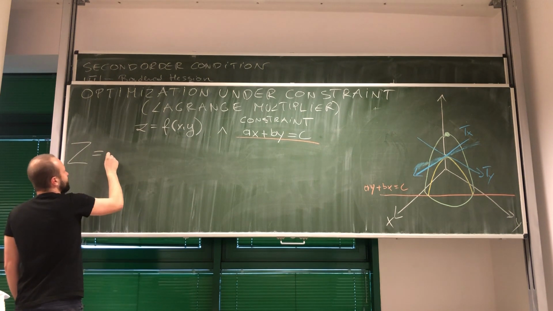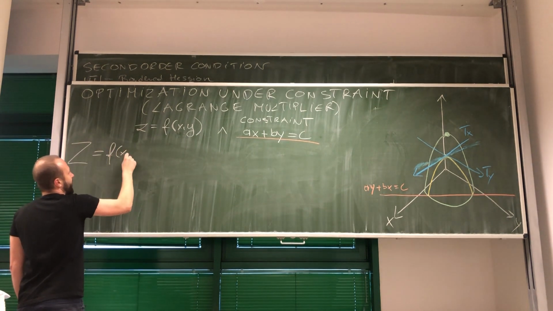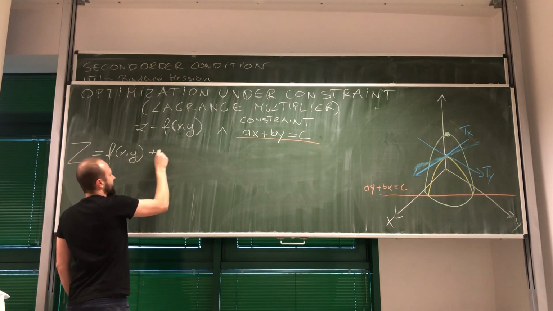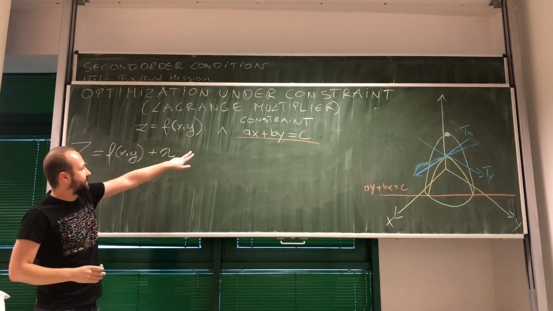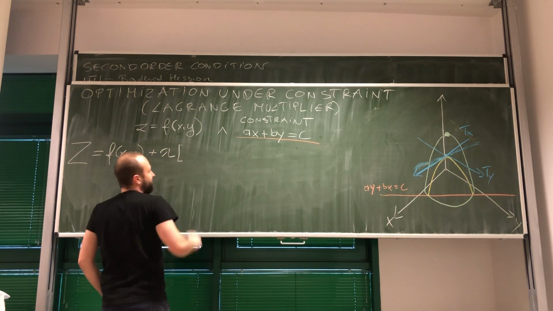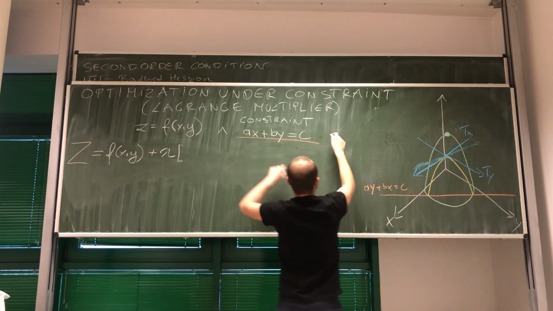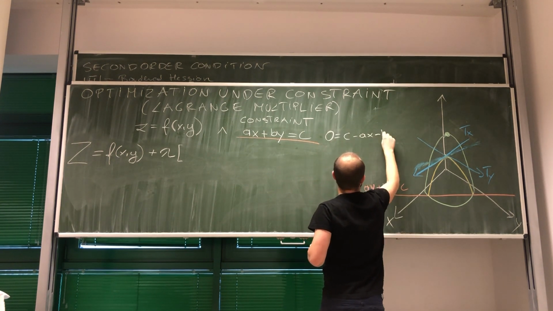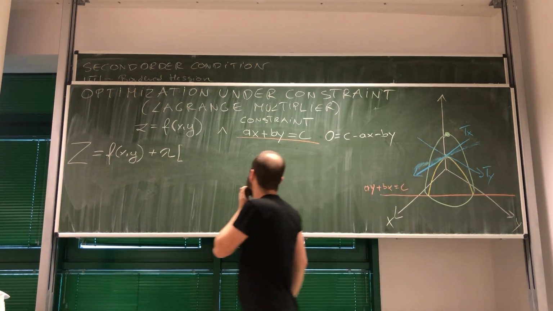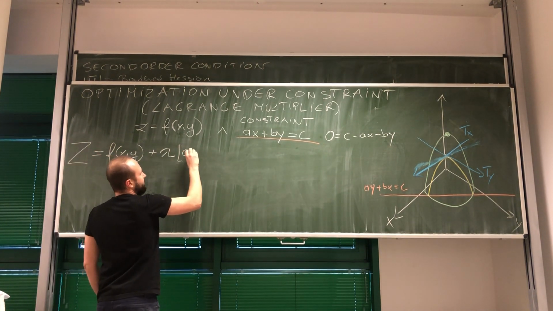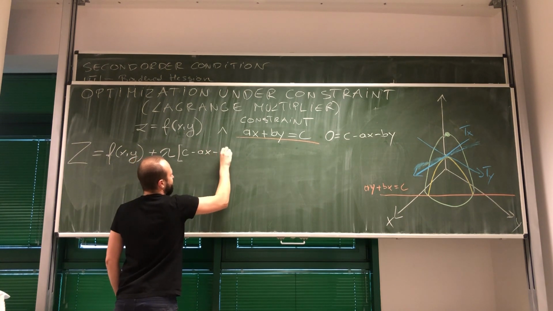So we're also going to start with f(x,y) plus lambda, and we are adding 0 from this function, right? But our 0 is going to be c minus ax minus by. So, over here, I'm getting c minus ax minus by.